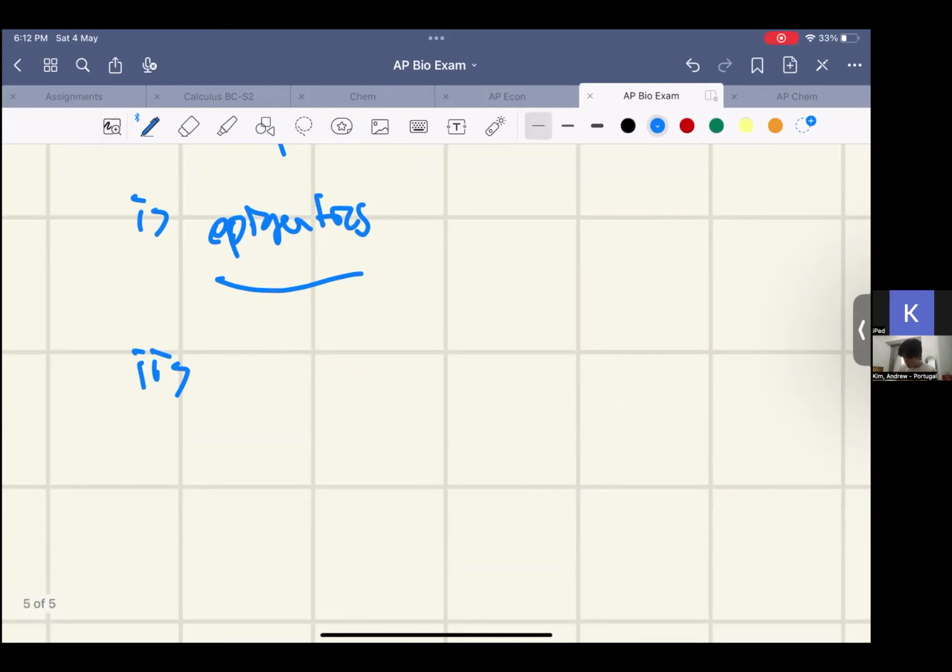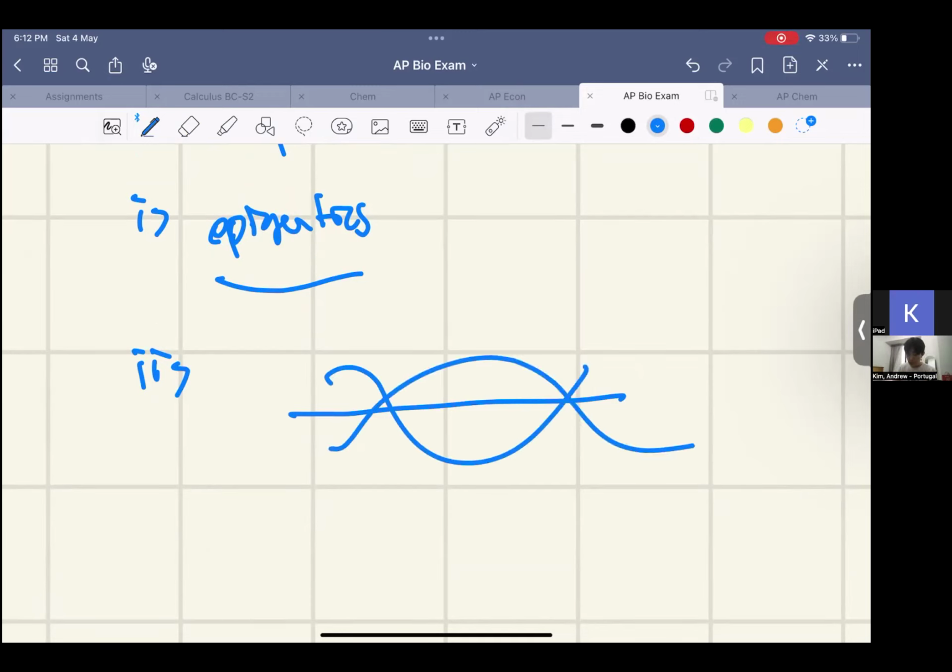Now, second is something more specific. When we're talking about transcription, remember how mRNA goes into DNA and copies all the information, just like how we read things from a library.